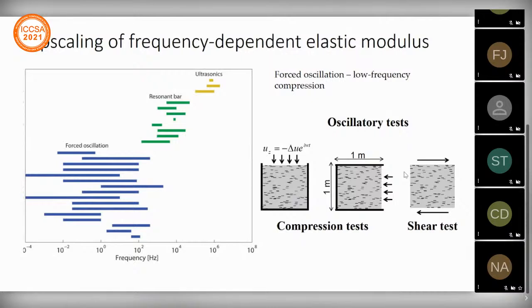We cannot do just wave propagation through a small sample. We need to do something else, and this procedure is typically called forced oscillations, which can be represented as a loading of the sample with very low frequency resonating forces. That's the main idea of how it works in the lab and in numerical simulation.